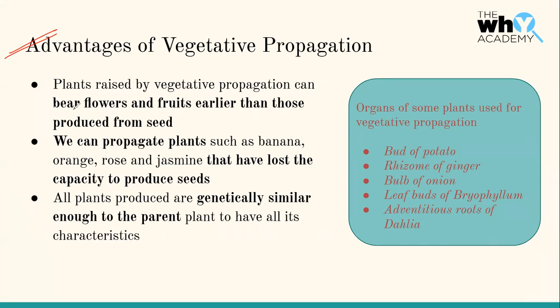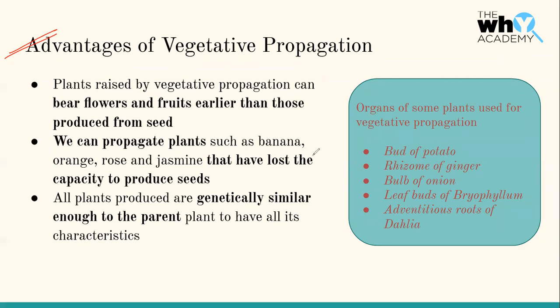The 3 of them are: plants raised by vegetative propagation can bear flowers and fruits earlier than those produced from seeds, right? So you can call this a rapid method. Okay, we can propagate plants like banana, orange, rose, and jasmine that have lost the capacity to produce seeds, right? These are just some examples.